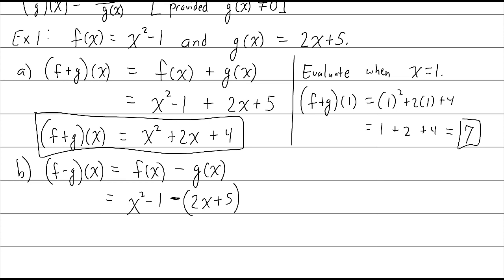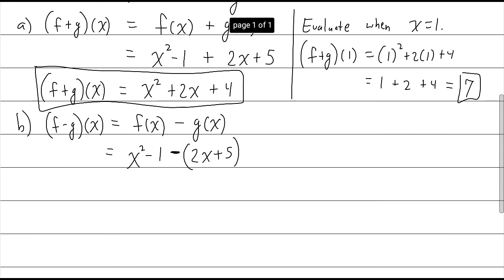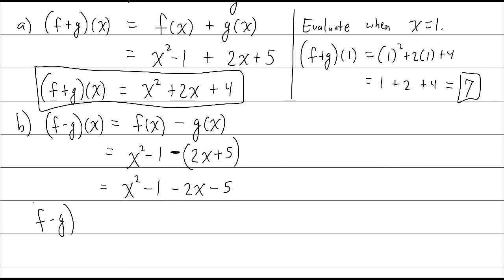In other words, I have to distribute the negative, right? So that becomes x squared minus 1 minus 2x minus 5, right? That's the big difference there. All right, and then negative 1 minus 5 are like terms. Negative 1 minus 5 is a negative 6. So f minus g of x is equal to x squared minus 2x minus 6.